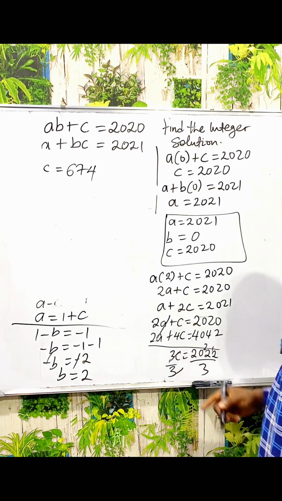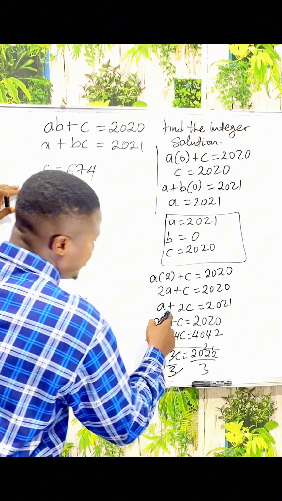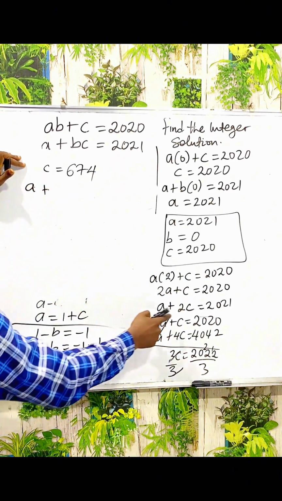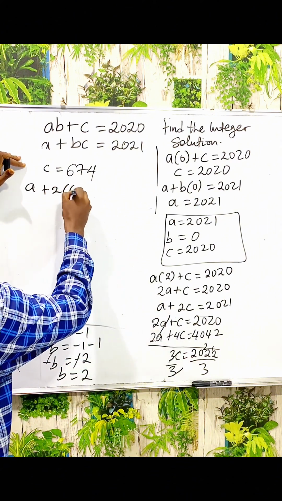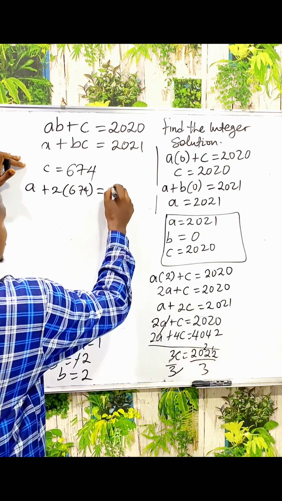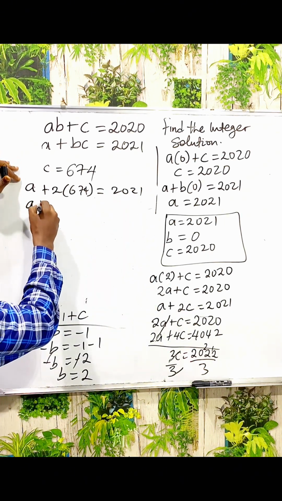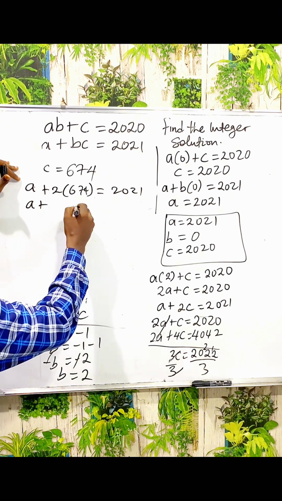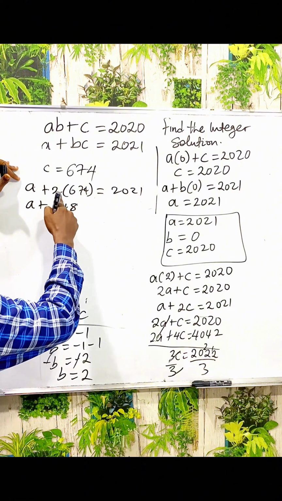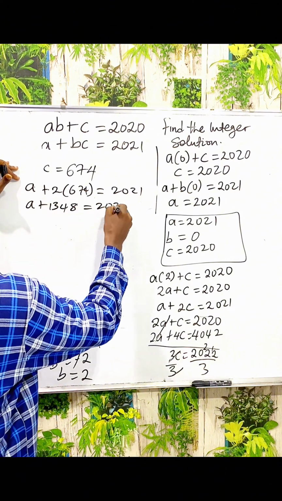And if you want to get your A, you substitute this for C. So we can now have from here A plus 2 times 674 equal to 2021. So A plus this, 2 times 4 is 8, 2 times 7 is 14, 4 carry 1, 2 times 6 is 12 plus 1, 13, equal to 2021.